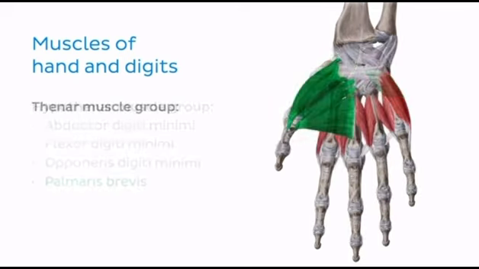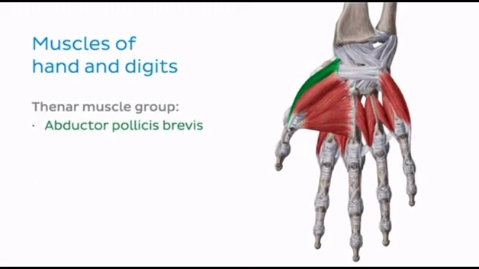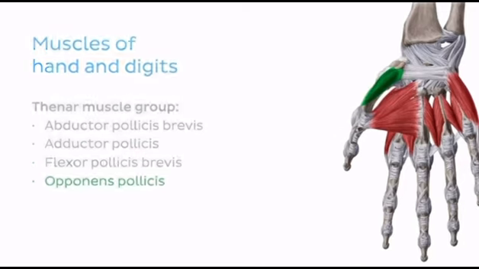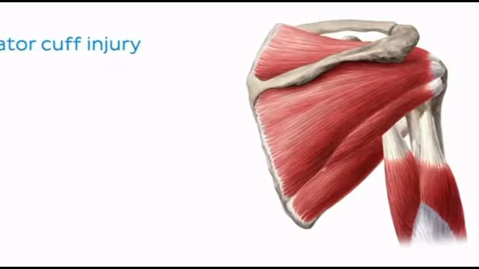The thenar muscle group included the abductor pollicis brevis, the adductor pollicis, the flexor pollicis brevis, and the opponens pollicis muscles. Once we looked at all the main muscles of the upper limb and their associated actions, we then had a quick look at some clinical notes on rotator cuff injury.